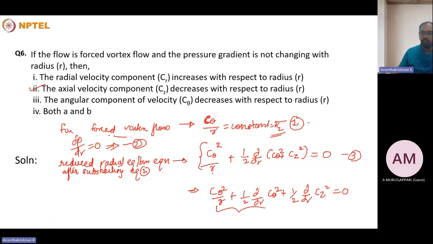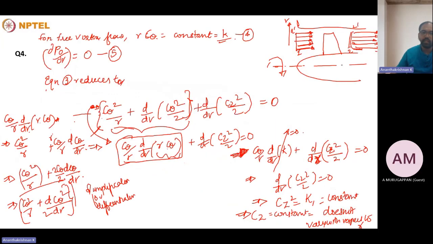So this whole term can be reduced to C theta by r into d by dr of r C theta. We have seen in the previous question how to simplify this equation into this form. So C theta by r, we have derived that specifically in the left hand side.